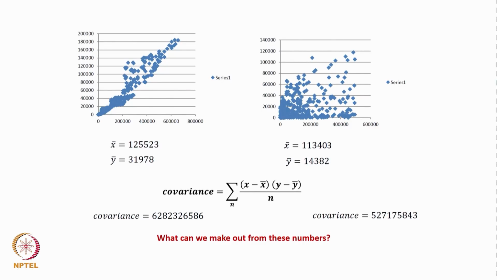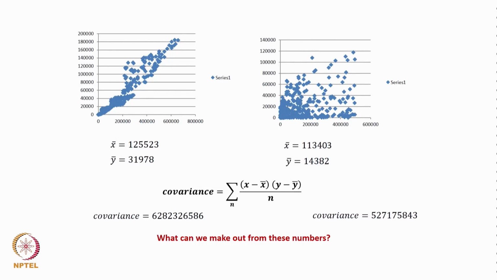So, if we find the covariance of both, sigma x minus x bar into y minus y bar by n, summation for all the 100 values, the covariance in the first case becomes 628 232 6586. The covariance in the second case is 527 175 843. So, which has a higher covariance?